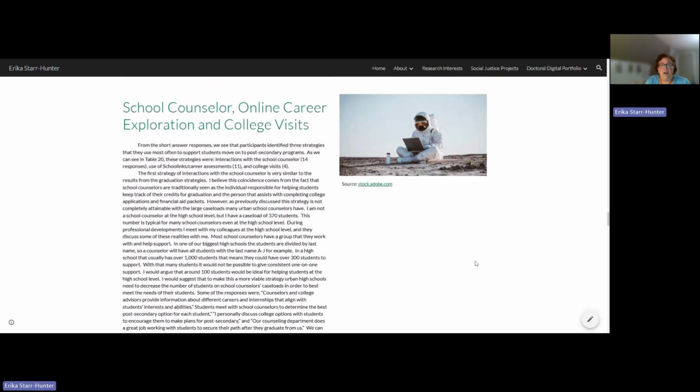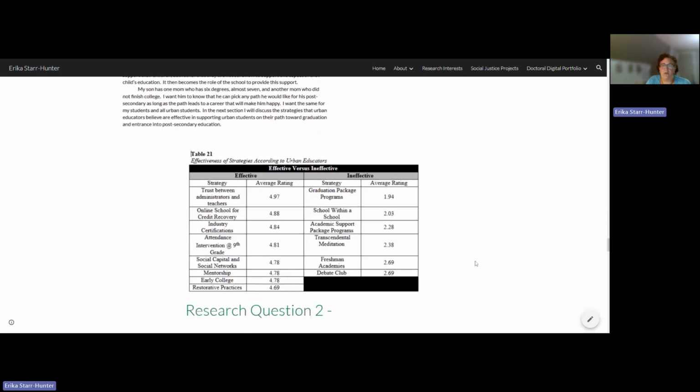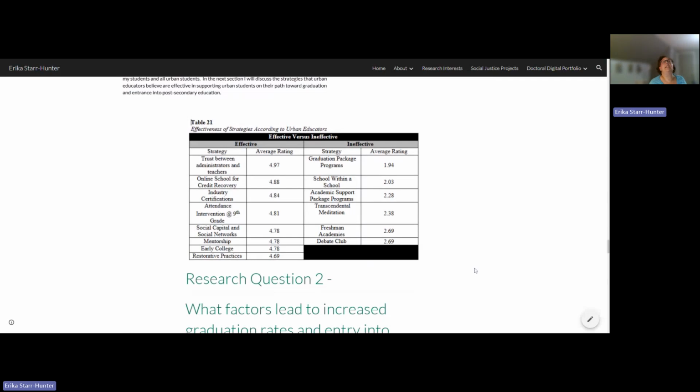And then from the open answer questions on the survey, they mentioned school counselors again, online career exploration, and college visits as being other factors that would lead to equity.